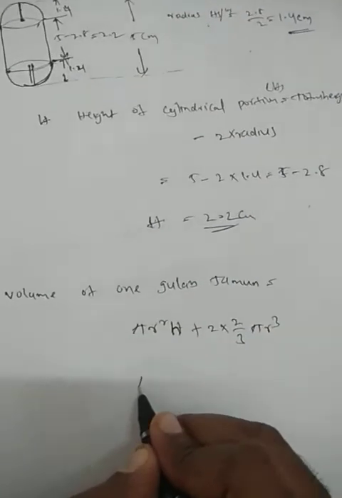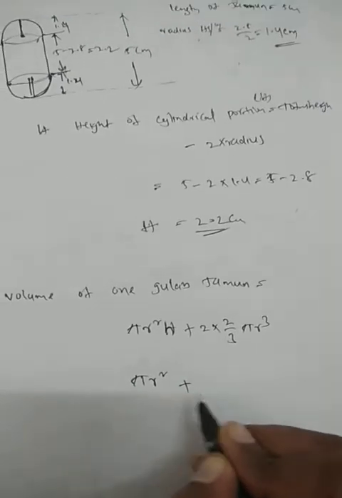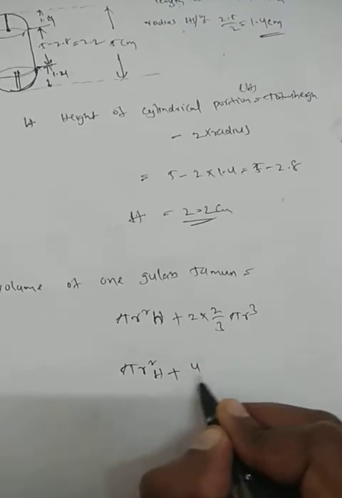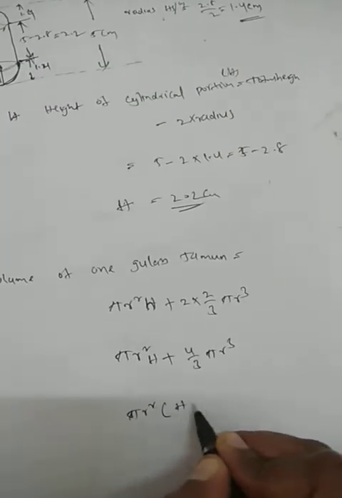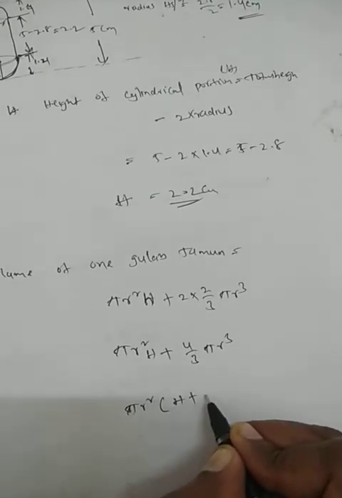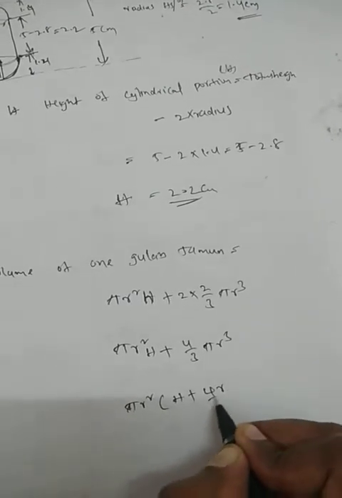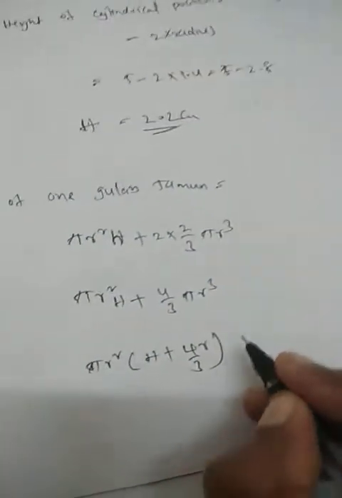So it becomes pi r square h plus 4 by 3 pi r cube. Pi r square will be common, giving pi r square into h plus 4 by 3 r.